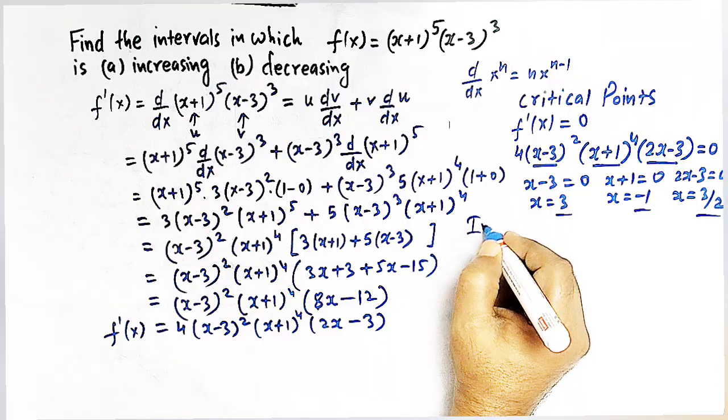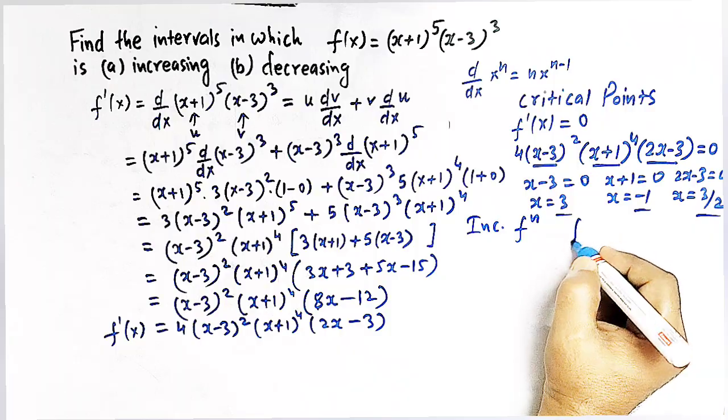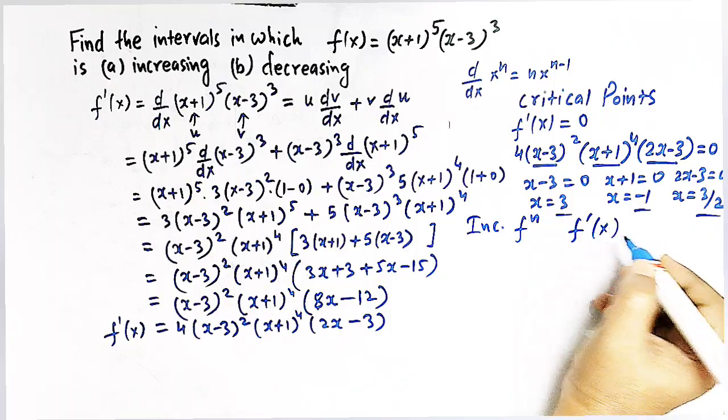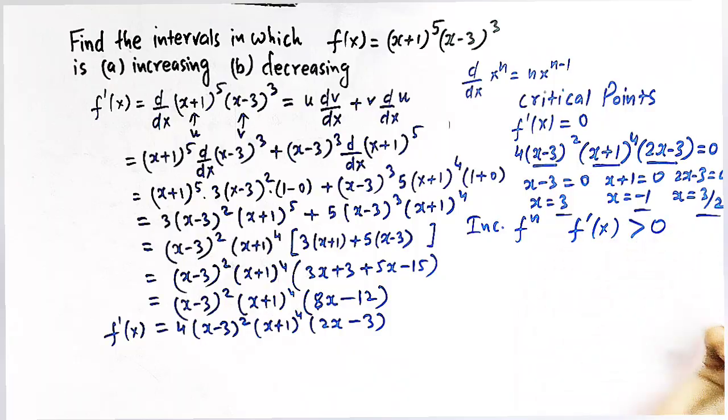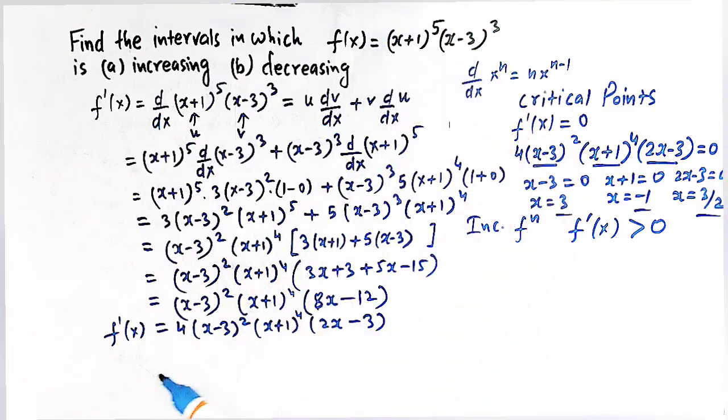Now for an increasing function, we have this condition, that is the derivative f'(x) must be greater than 0 for all x belonging to the domain of this function, right? And the domain of this function is clearly the set of real numbers, right?